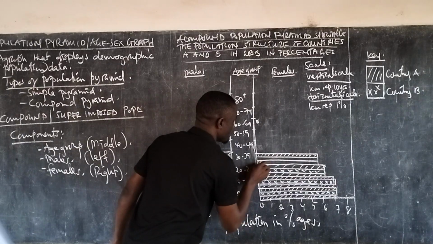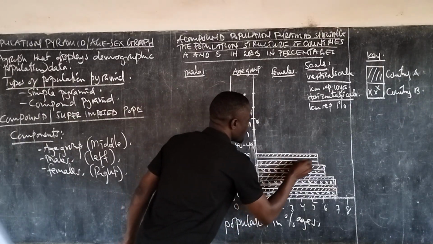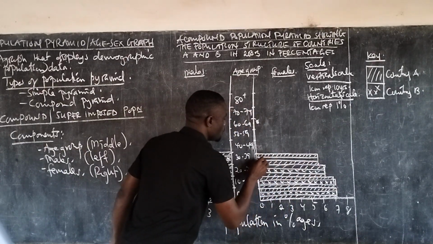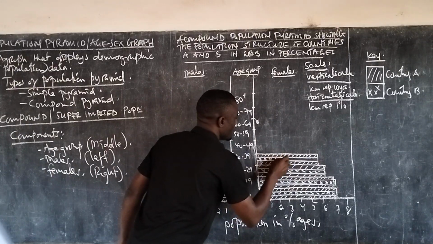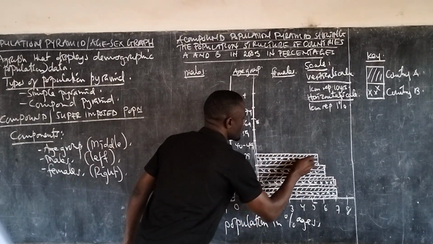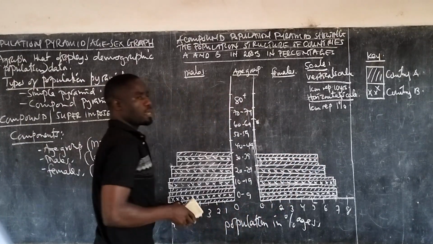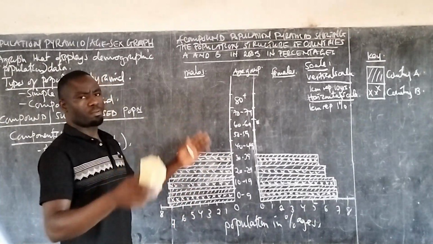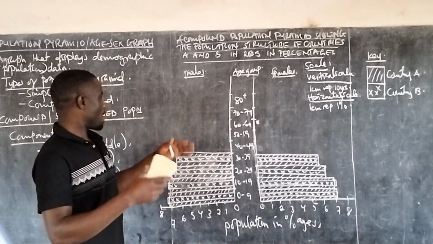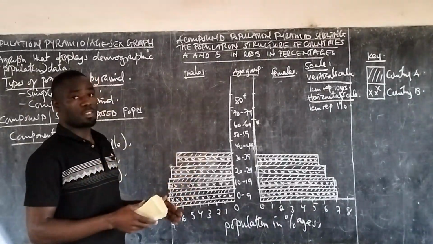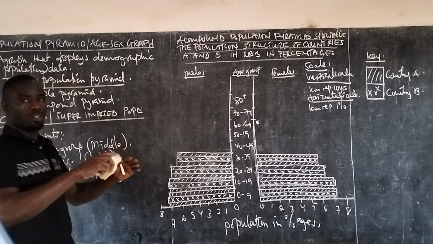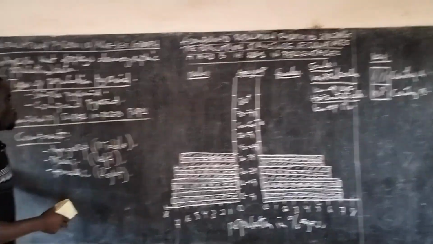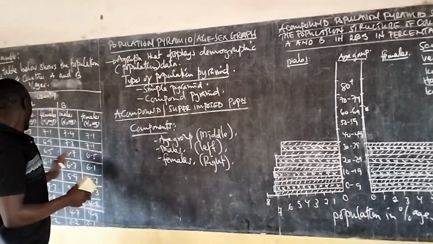Why? Because the population as per age group is almost the same. They are all developing countries, they have the same problems, or they have the same improvements in the health sector, or they have the same government policies. That's why the deviation is not too big. So you proceed just like that.